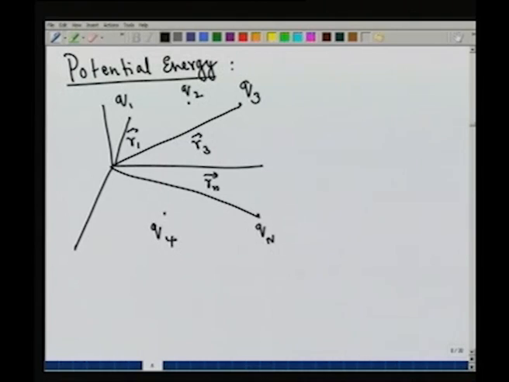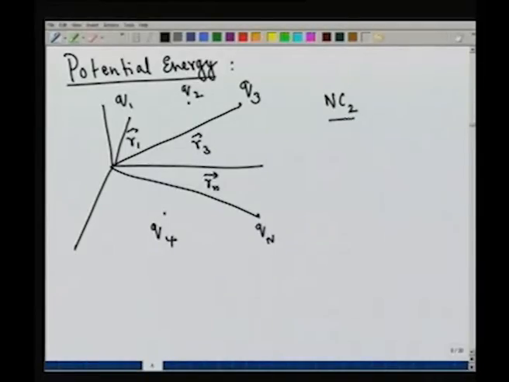From mechanics, we know that the total potential energy of the system is written by the sum of the potential energies of different pairs. Since there are n charges, there are n choose 2 pairs, and we have to write the sum of the potential energies of all the pairs.